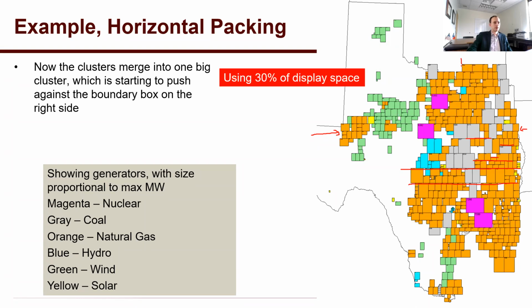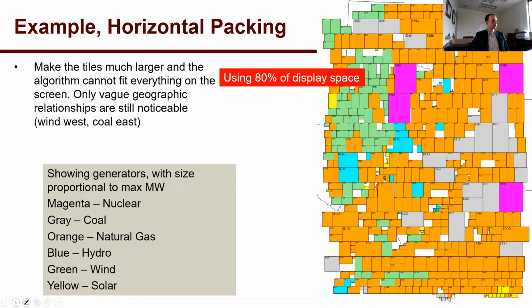You look vertically and the lines are not at all aligned, and that's by design. That's how this horizontal packing algorithm works. And as I said, we're putting the tiles in from the center outward. So we start with one here in the center, and then we're adding them to the left and to the right, and pushing them as necessary. And so that's the basic way that this works.